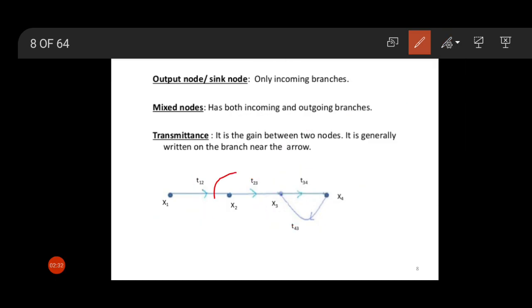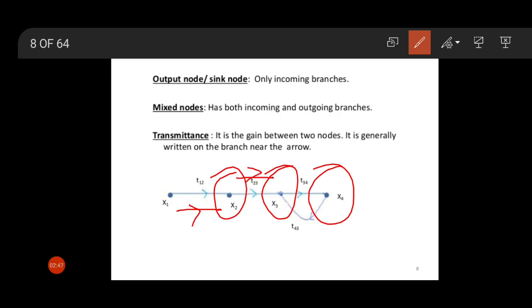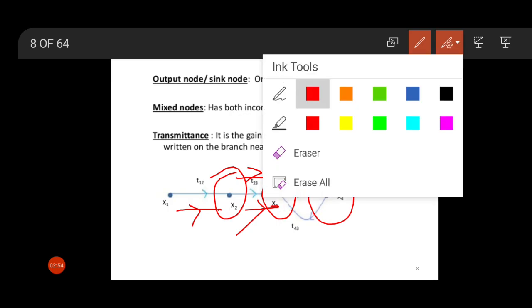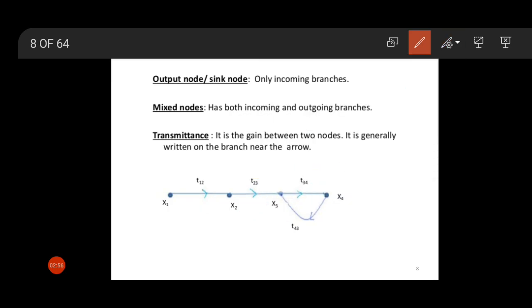But this x2 node, this x3 node and this x4 node are mixed nodes, because x2 has an incoming branch and also an outgoing branch. See, x2 has this incoming branch and this outgoing branch, so x2 is our mixed node.